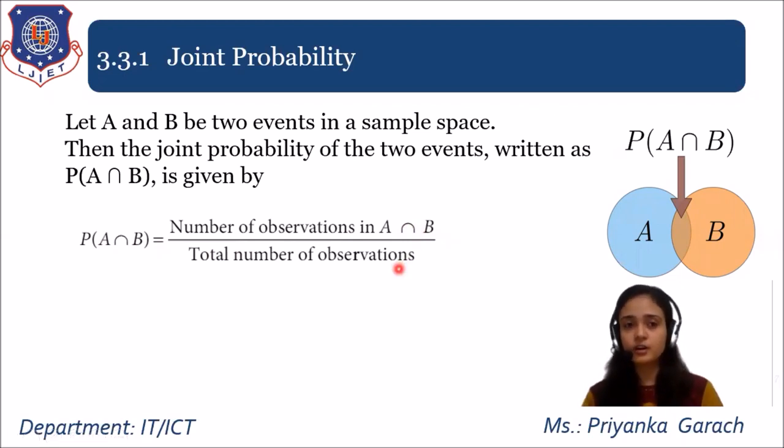So if you view the complete video, you will get an idea that you have two formulas for the probability of finding A union B, and again two formulas for the probability of finding A intersection B.